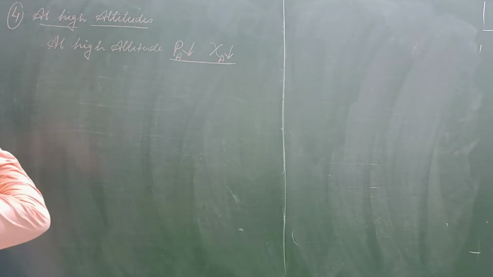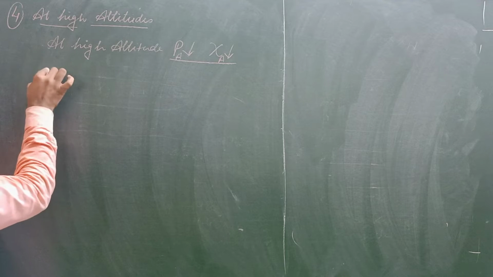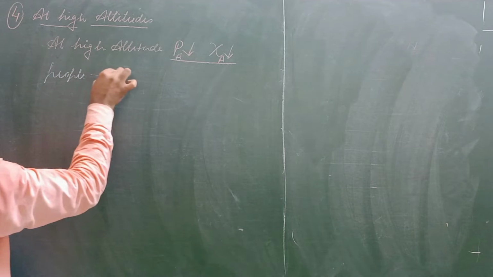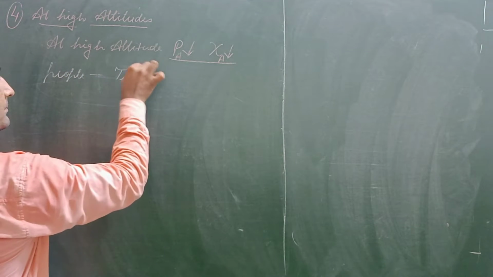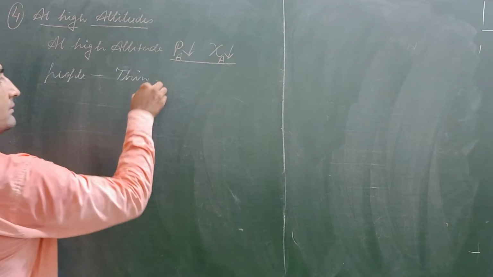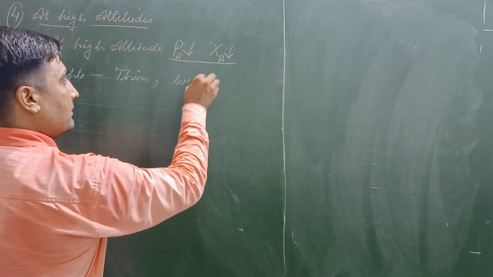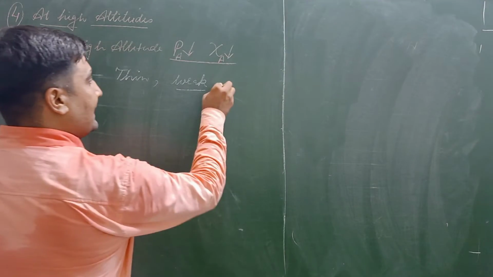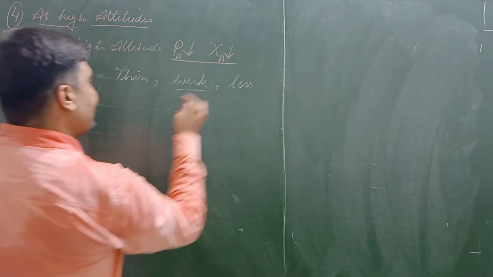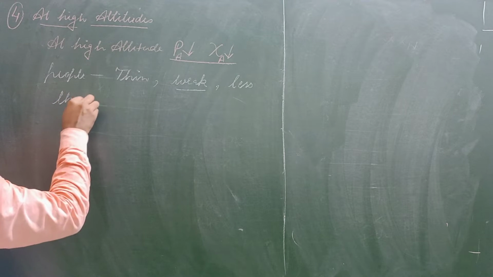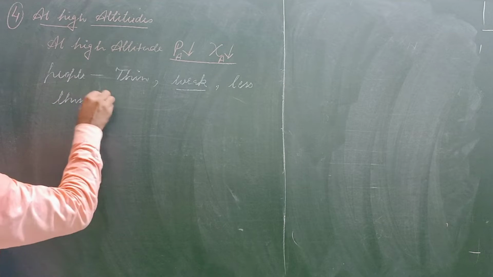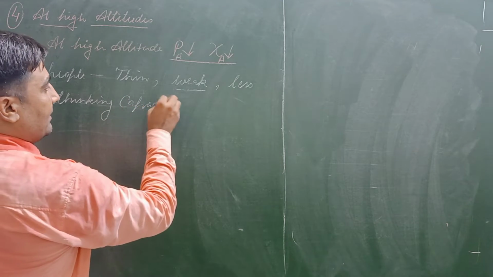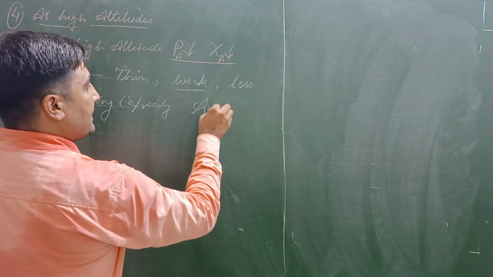And here we find that the people living at high altitude are thin, and they have weak body gesture and less thinking capacity or ability, and they have a disease named anoxia.